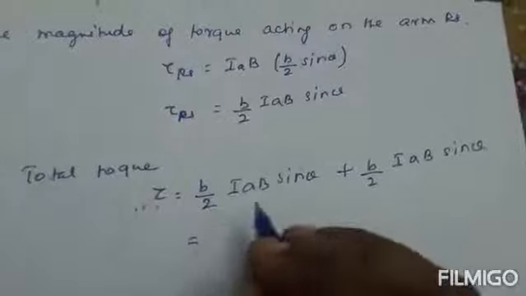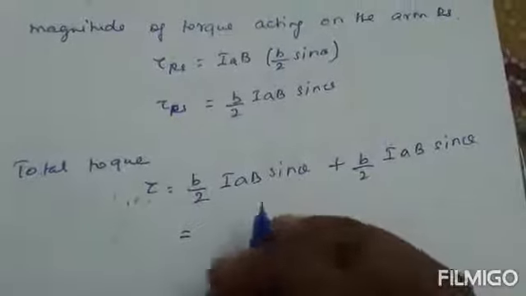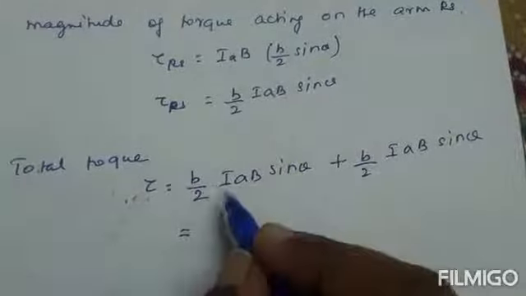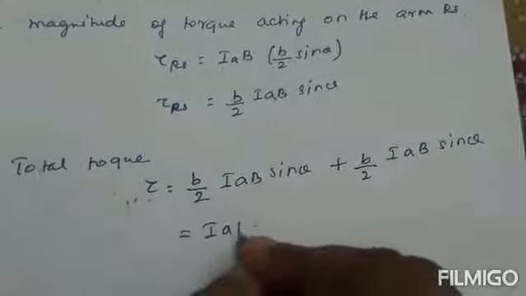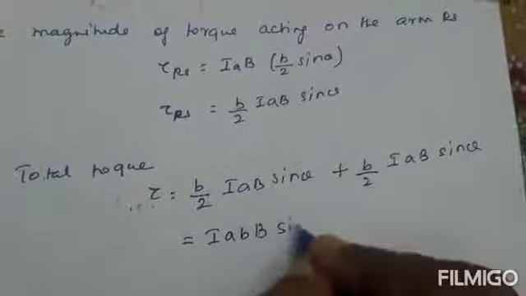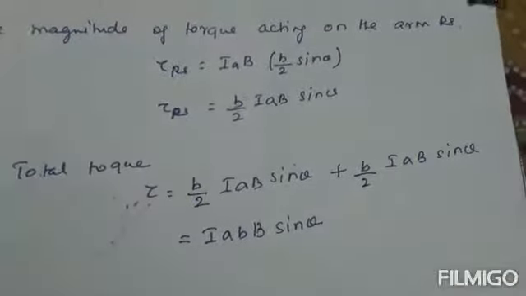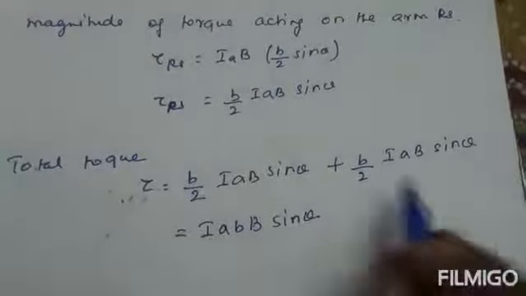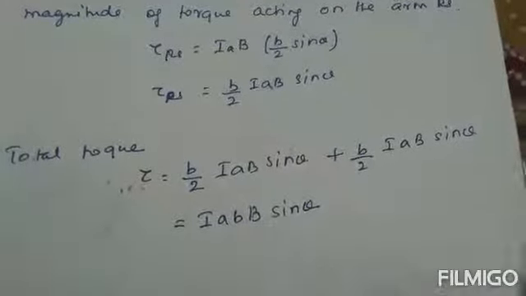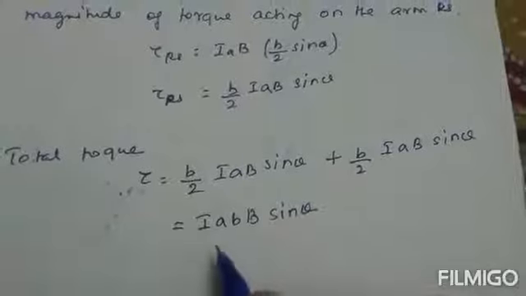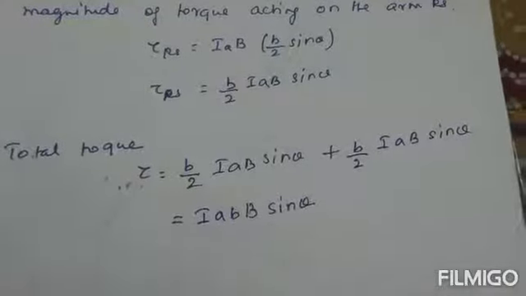This is half, this is also half, that is 1. Taking the common terms outside and adding, we get tau is equal to IAb sine theta.